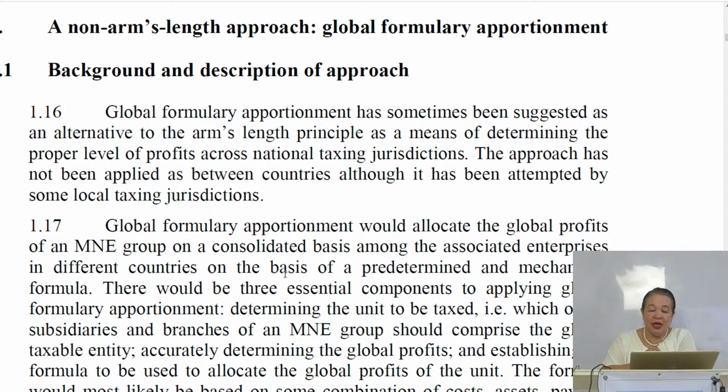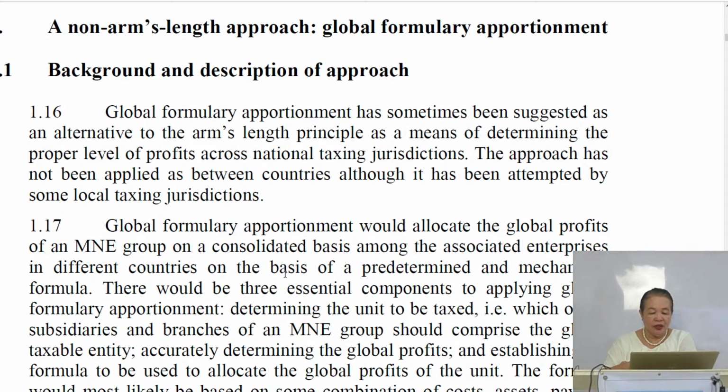Determining the unit to be taxed, so sino yung itatax. Of course, it's the entity who is doing the business. Which of the subsidiaries and branches of an M&A group should comprise the global taxable entity? So that's the other problem. Sino yung mga entities na isasama mo doon sa group? Accurately determining the global profits. So paano mo i-determine yung global profits, especially if all the entities are also generating their own income locally?